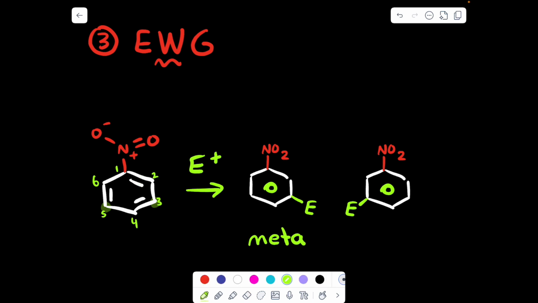But before we draw the mechanism, let's list some common electron withdrawing groups. You could have an NO₂ group, or you could have some carbonyl group. Now the question is, why are these groups both electron withdrawing groups? It has to do with the first atom attached to the benzene ring. If this first atom is delta plus or positively charged, it is an electron withdrawing group.